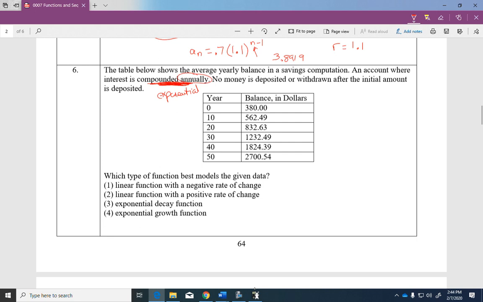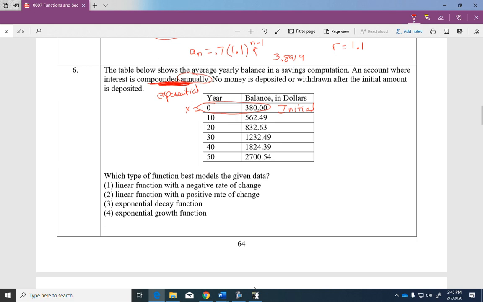No money is deposited or withdrawn after the initial amount. Right here is your initial amount. It is when x equals 0. Therefore, this is the y-intercept. They're giving me the y-intercept, so when I write my equation, if I were to write it, I'm not going to do an n minus 1.